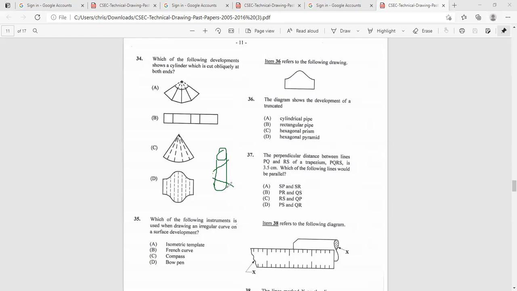It's being cut here and being cut there. So when you unfold this, it creates a pattern like this. So it's D.